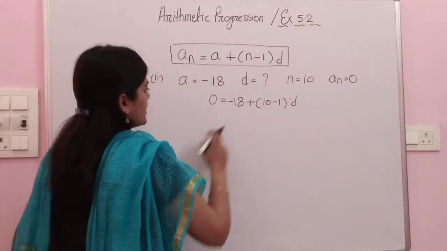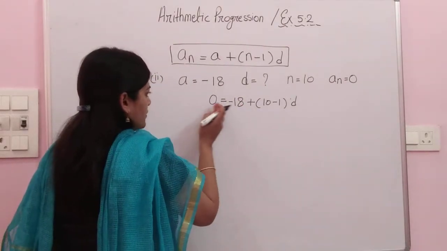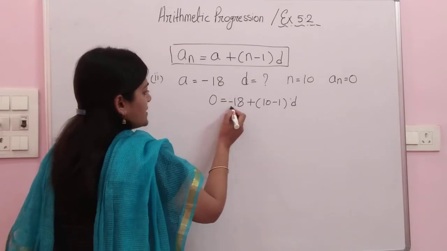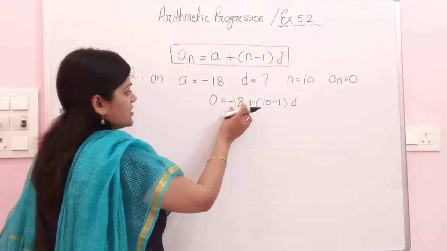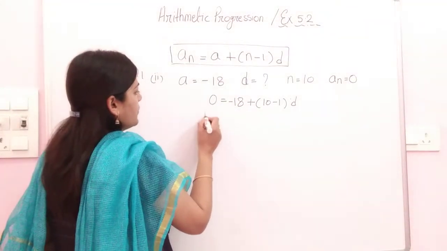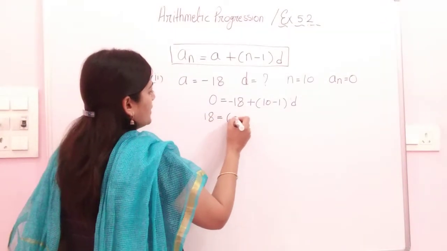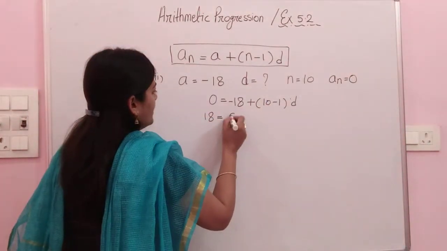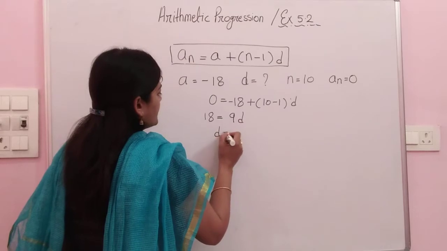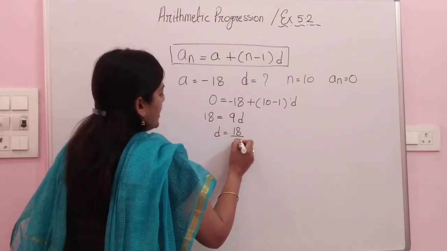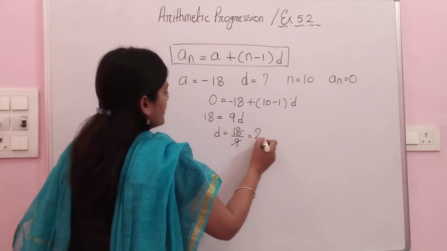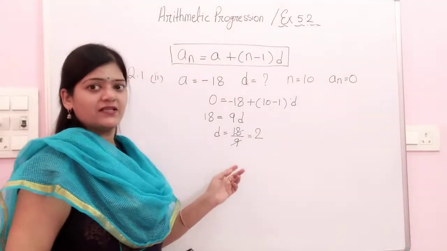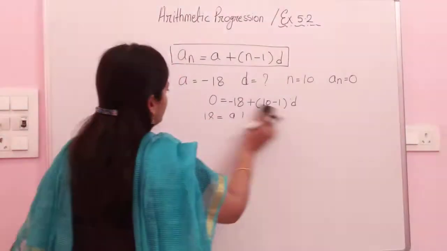Just transpose this value from here. It is negative here, so when you transpose it, it will become positive. 10 minus 1 will become 9D, and D is equal to 18 upon 9. Cancel, it is equal to 2. The value of D is equal to 2. Clear?